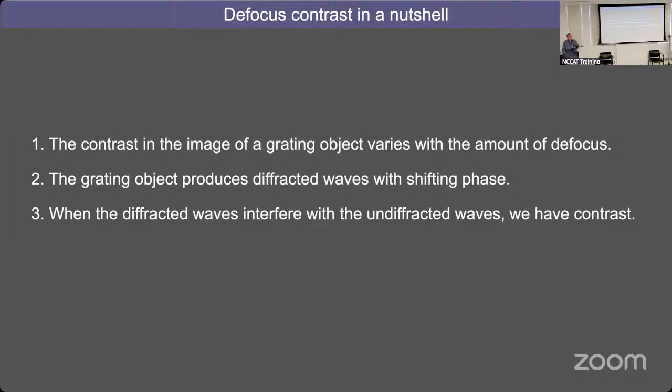The basic idea, a simple way to understand it, is that a grating like this produces diffracted electron waves, and those diffracted electron waves interfere. The reason I'm talking about gratings is that in the next part of this lecture, I'm going to talk about Fourier transforms.